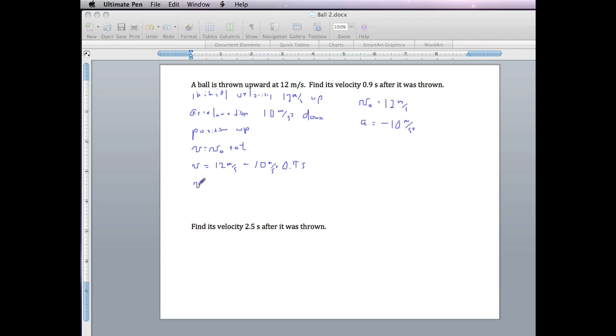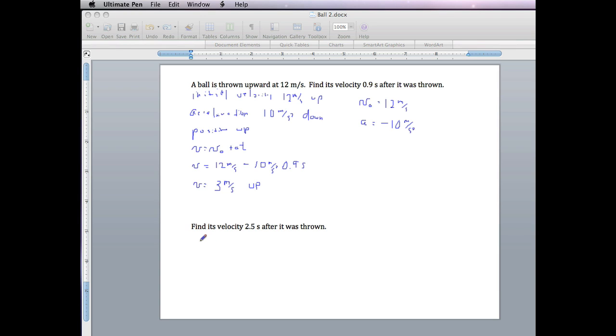Following the order of operations agreement, where you multiply before you subtract, we'll get 3 meters per second. That came out positive, and positive means up in this particular problem.